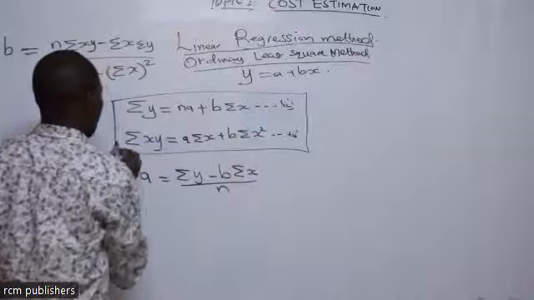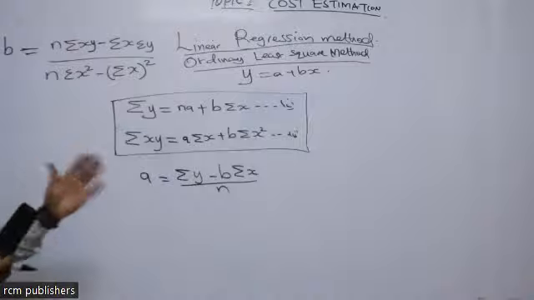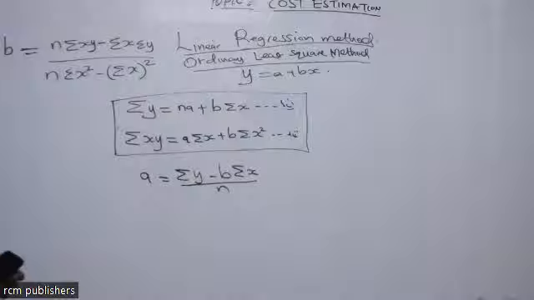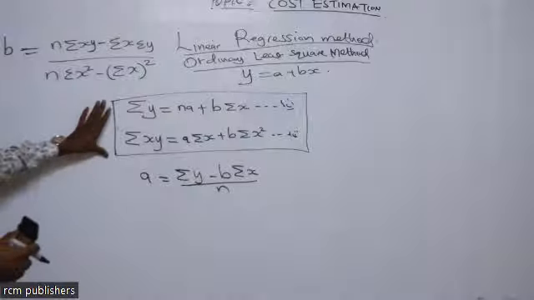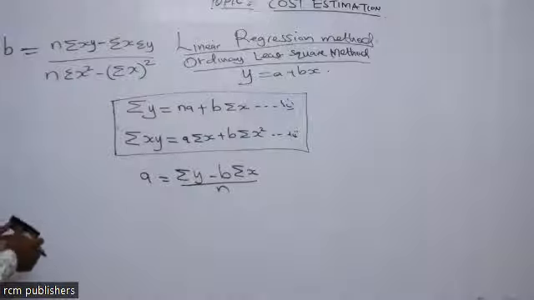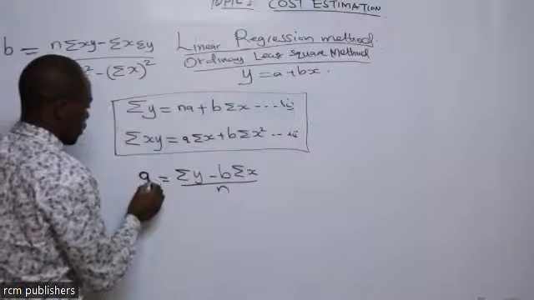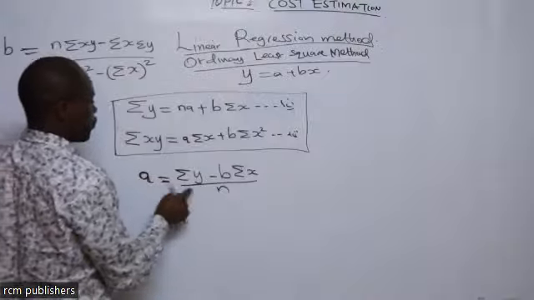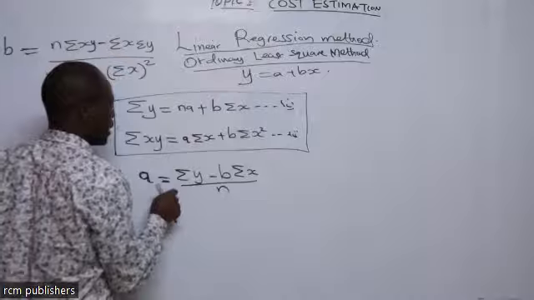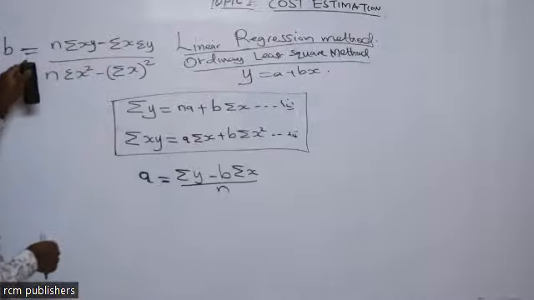If these two are well taken care of, that's good. Then if you are conversant with this, then just have this one here in place, because once you know this, you'll be able to get A directly. Once you know this, you'll be able to get B directly.